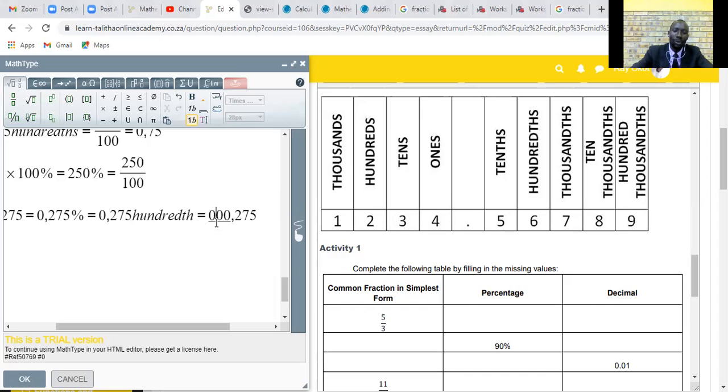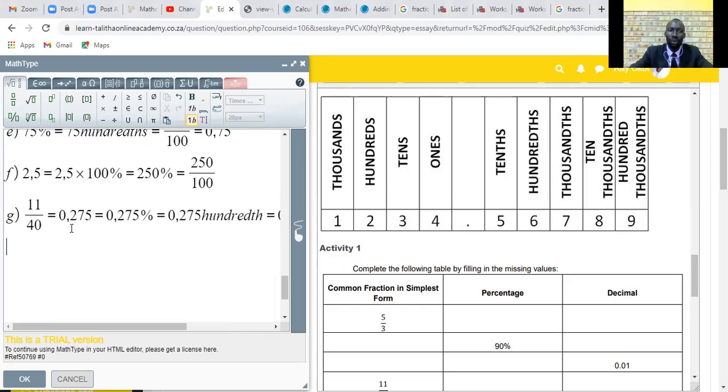And so the decimal point will be here; it will no longer be where it was. This way, we now call this a decimal. But in percentage, we have 27.5%.